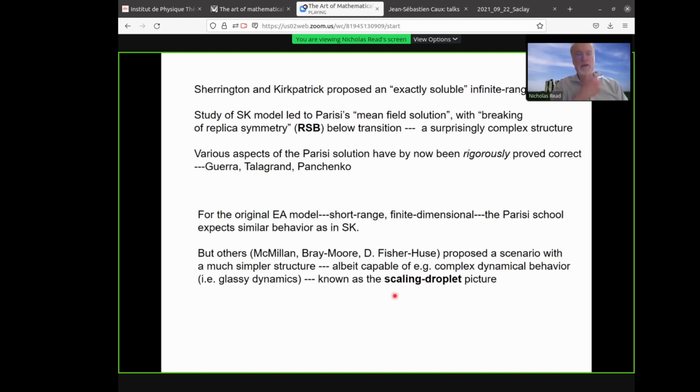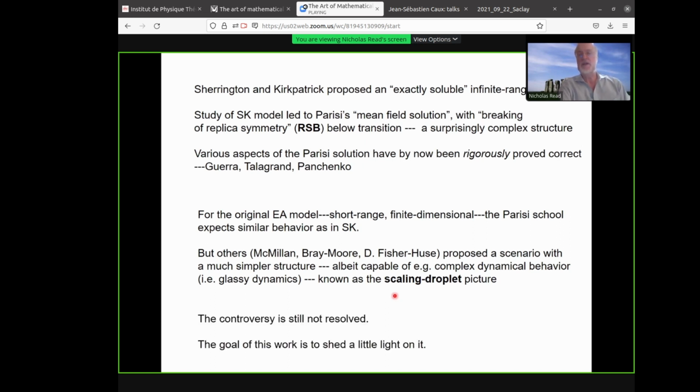On the other hand, for the Edwards-Anderson model, a lot of questions remain unresolved. The Parisi school expects similar behavior as in the SK model, but other people, Bray, Moore, and Fisher and Huse, proposed a seemingly simpler solution called the scaling droplet picture, which is still capable of producing complex behavior and glassy dynamics and interesting stuff.